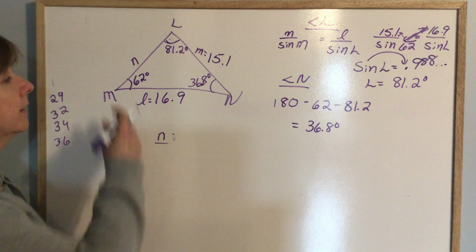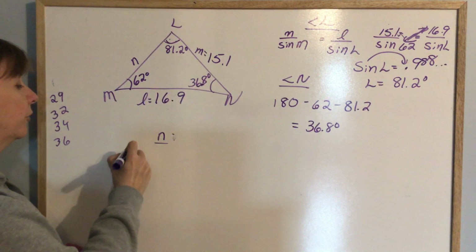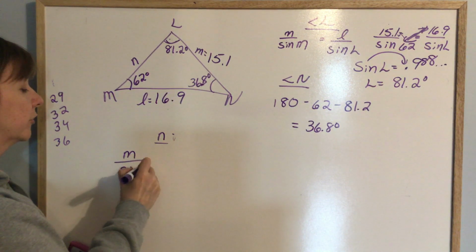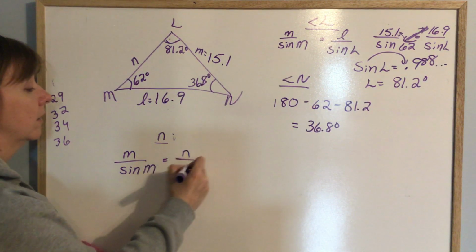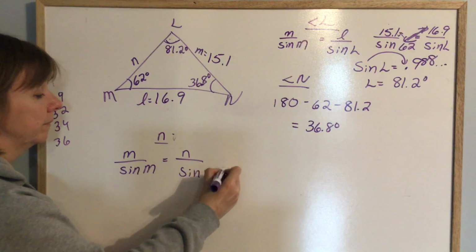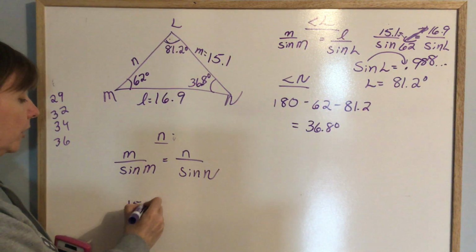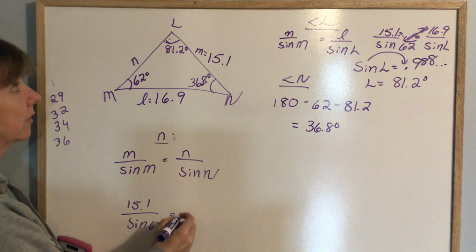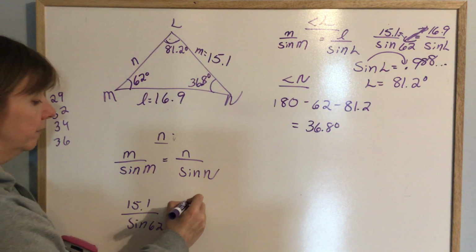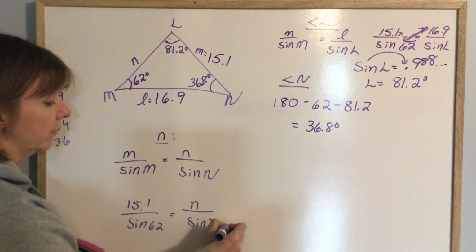So n, I would do, again, m over sine m equals n over sine n. So I will do 15.1 over sine of 62 is n over sine of 36.8.